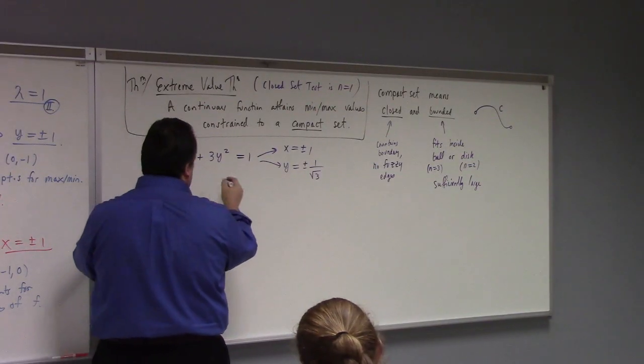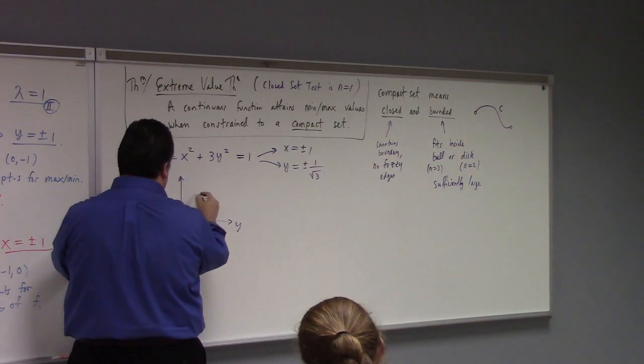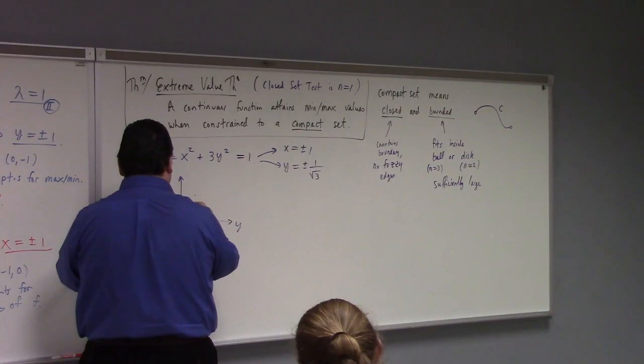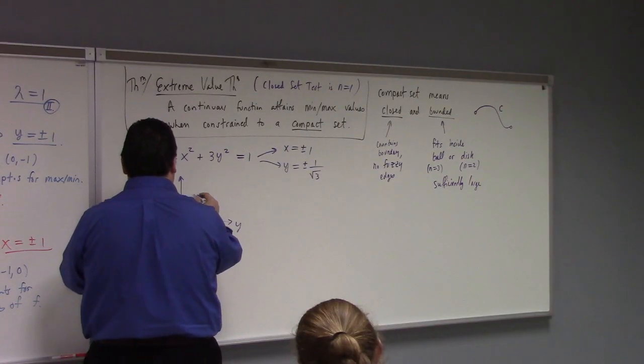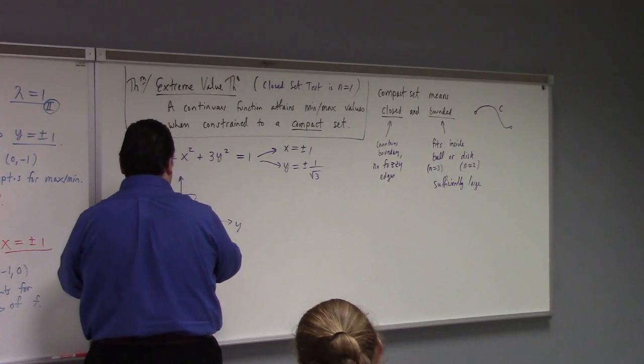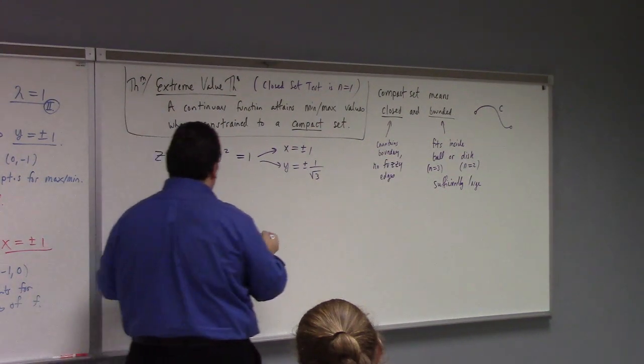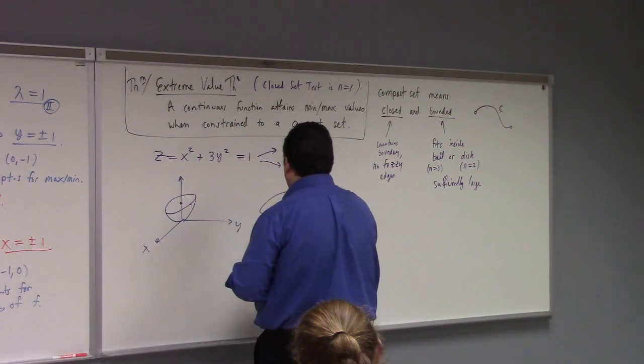So I'm 1 up, I go x plus or minus 1, right? And I go y plus or minus 1 over root 3. So it's more narrow this way. I don't know if I can draw this, but it's something like that, and it kind of goes up like that, right?